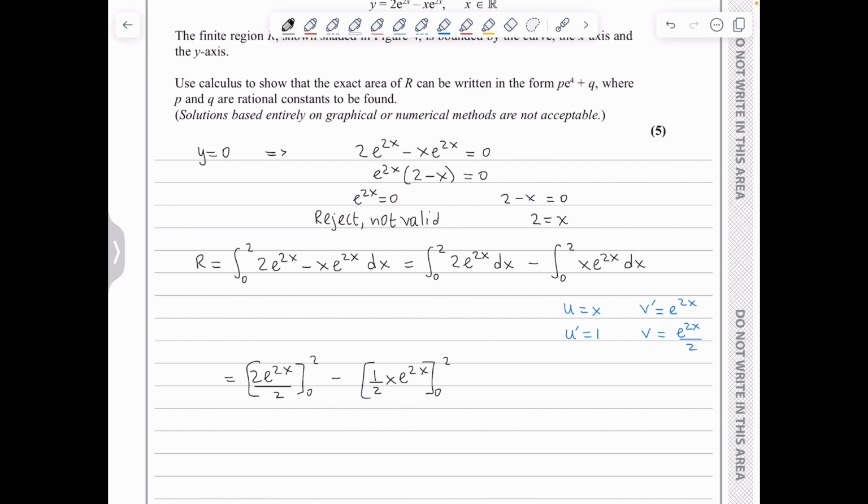This is the uv part, minus the integral from 0 up to 2 of e to the 2x over 2 dx. That's the u dash v, and all of this is in curly brackets.